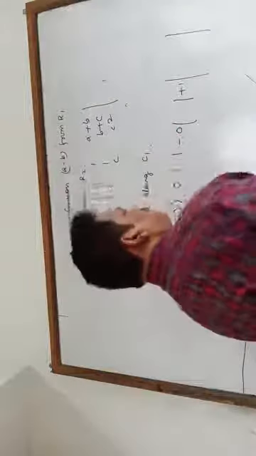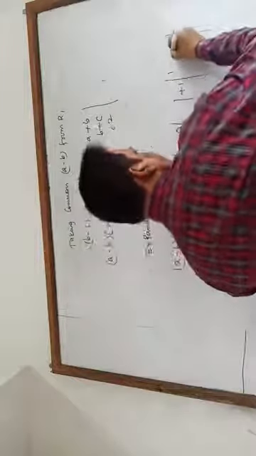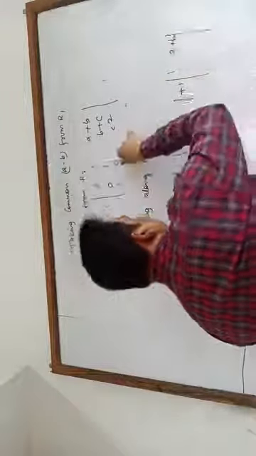What is the minor here? Now you have to forget these two lines: 1, a plus b; 1, b plus c.